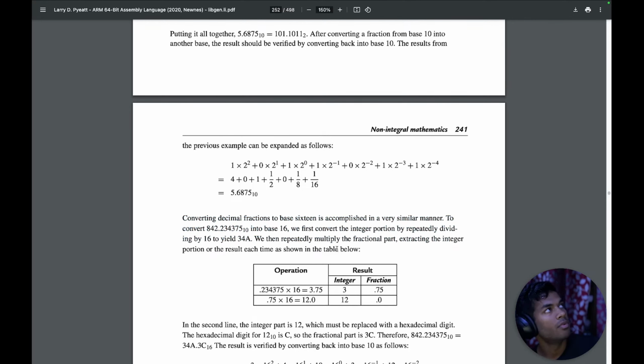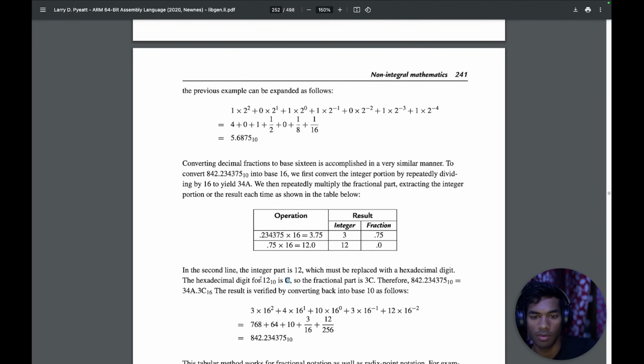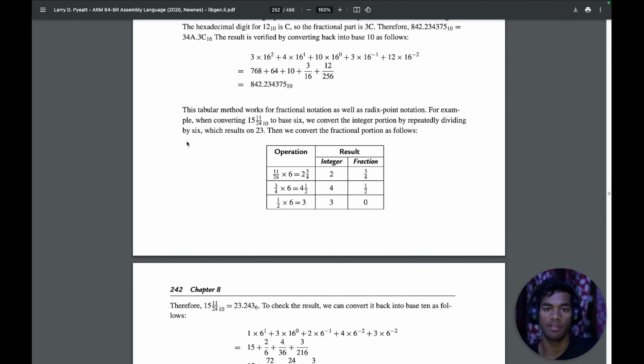Multiplying this by 16, I get this, so it becomes 3, and multiplying this by 16, I get 12. 12 in hexadecimal is C, so I get C there. Okay, that makes sense.